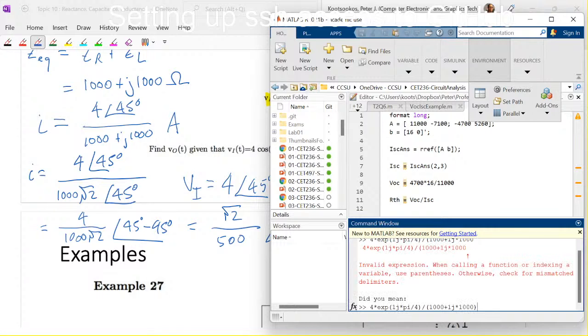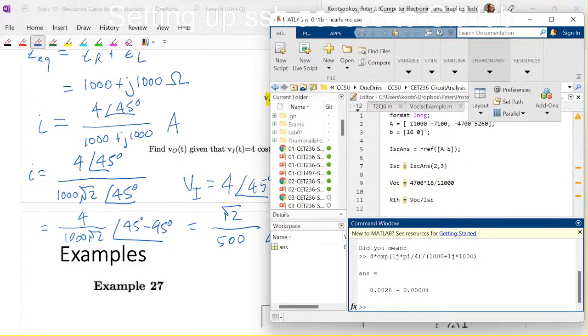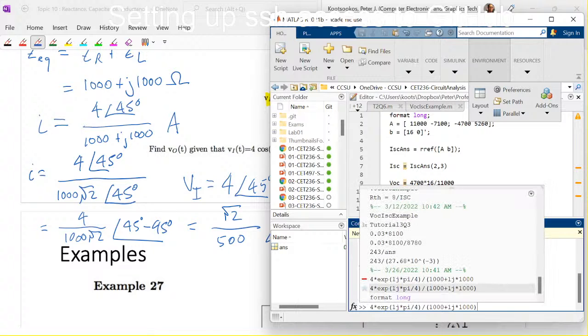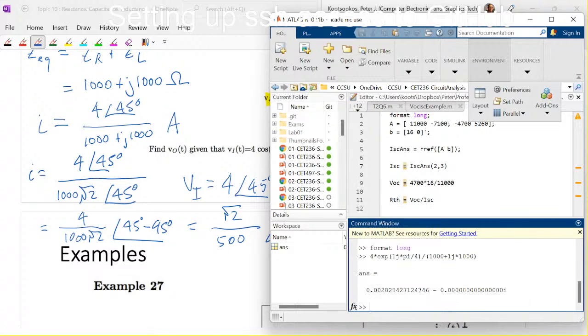Oops, what did I not do? I forgot to close the bracket. Let's try that. Okay, and let's just do format long so we can see more significant figures.